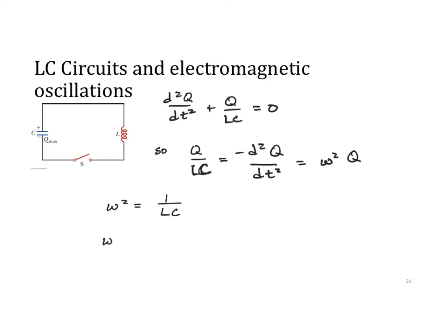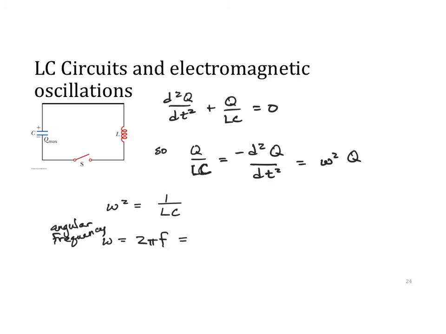So omega, that's our angular frequency, tells us how quickly this function repeats. So omega is related to a linear frequency by 2 pi. So remember, frequency is usually given in hertz. Angular frequency is in radians per second.